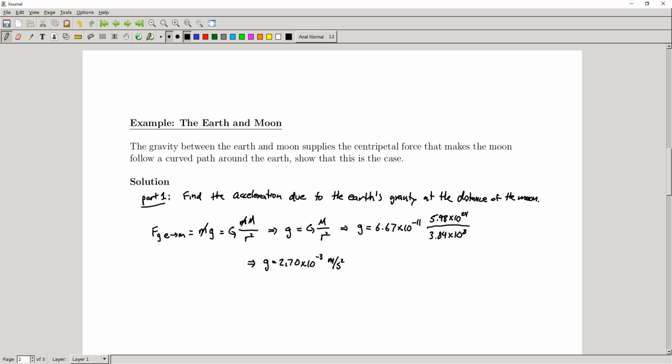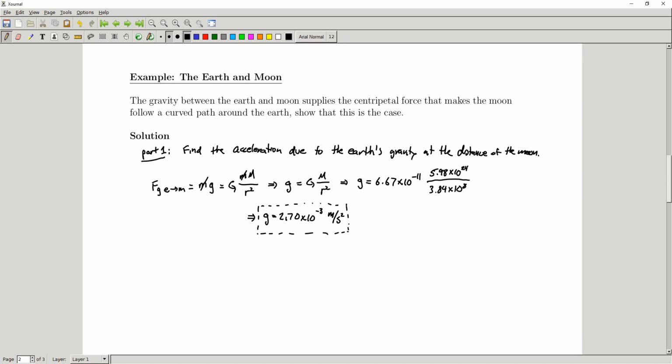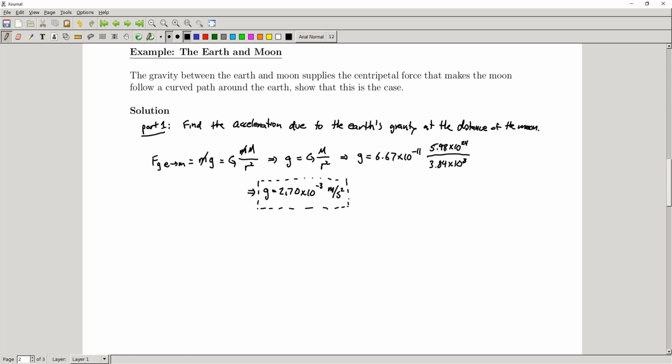Okay, so that's what we find our gravitational acceleration due to the Earth's gravity at the distance of the moon is. So that's one part of what we're looking for here. We're going to see why we calculated this in a minute. It may not be immediately obvious why we bothered to calculate the acceleration due to the Earth's gravity at the distance of the moon, but we'll see here in a second.